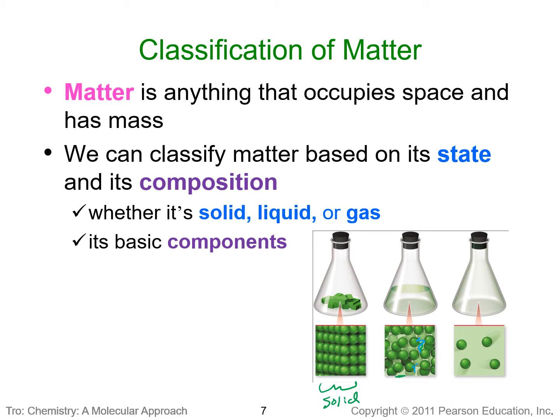And that's what defines the property of liquids. When we get to a gas, we have the most freedom of motion. Okay. There's a lot of space between the molecules, and that's also what leads to gases being able to be compressed. So we can squish the molecules closer together in a gas. In a liquid and solid, that's not possible.